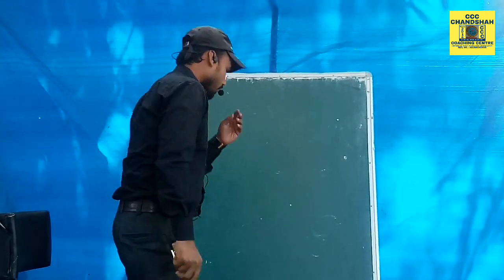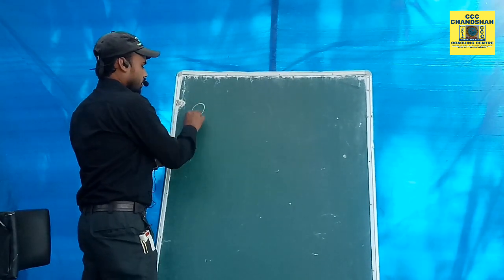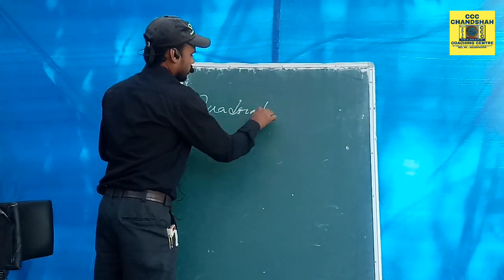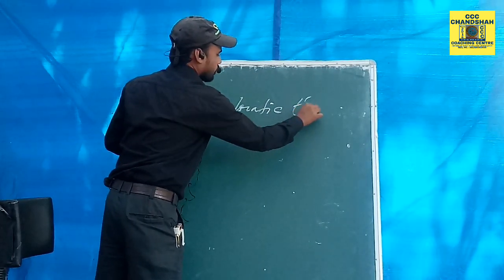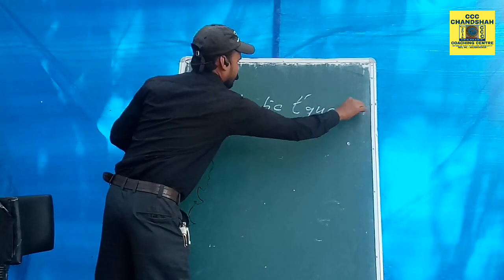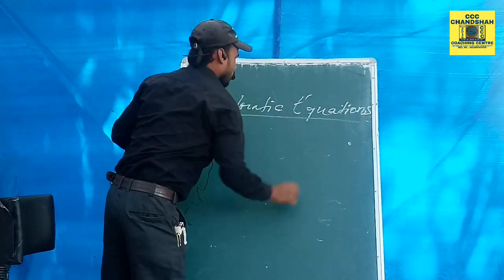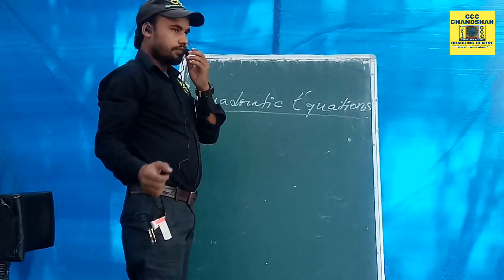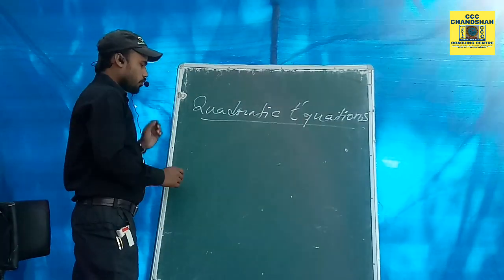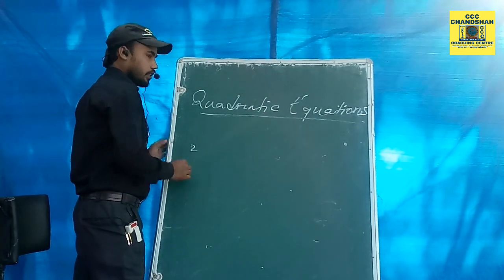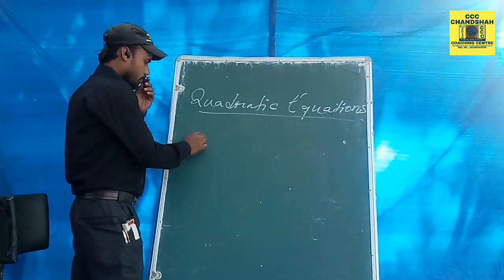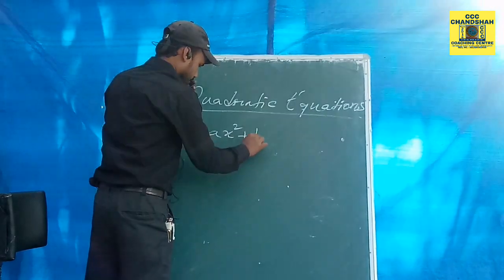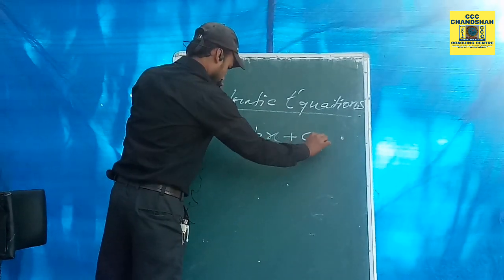So students, quadratic equations are those equations which have degree 2, and it should be in the form of ax square plus bx plus c is equal to 0.